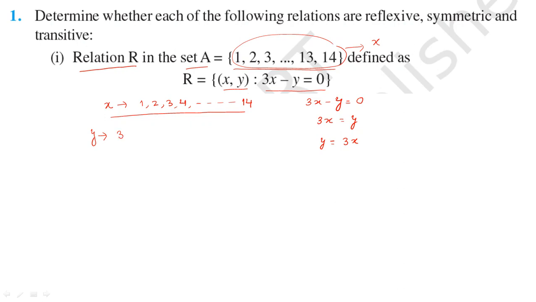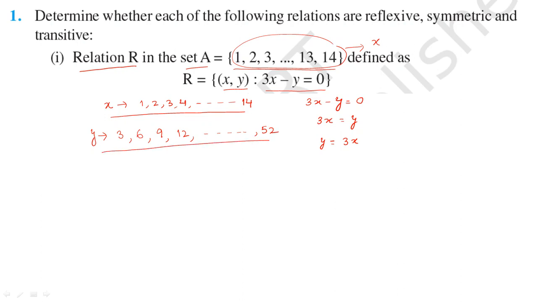It means the first value is 3. And what about the second value? 2 multiplied by 3, this one is 6. Then 3 multiply 3, it's 9. 4 multiply 3, it's 12. Similarly, 14 multiply 3, it's 42. These are the values.